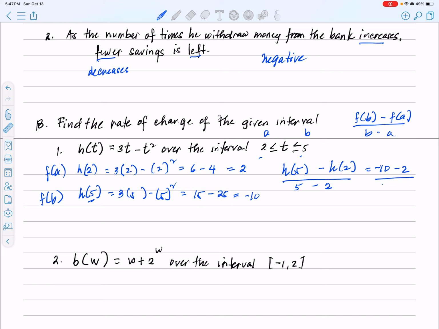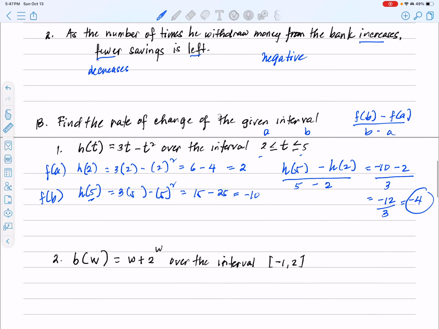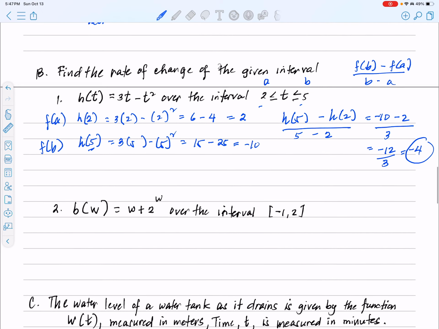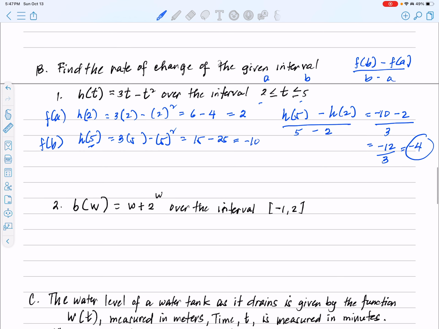So 5 minus 2 equals 3. So negative 10 minus 2 is negative 12 over 3, which equals negative 4. That is the rate of change in the given interval from 2 to 5.